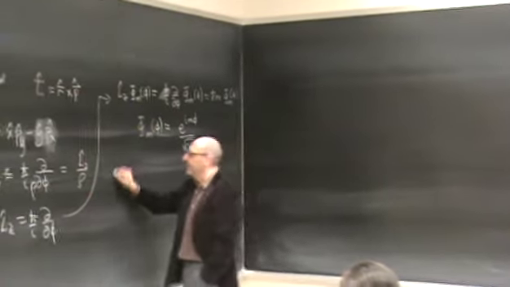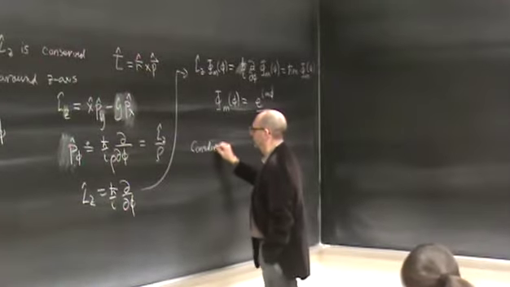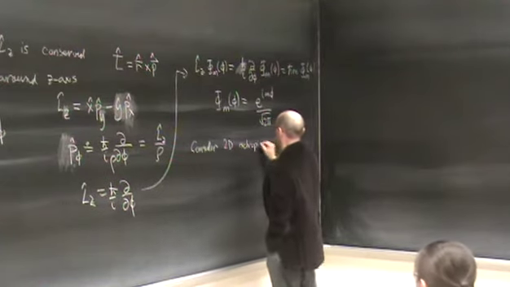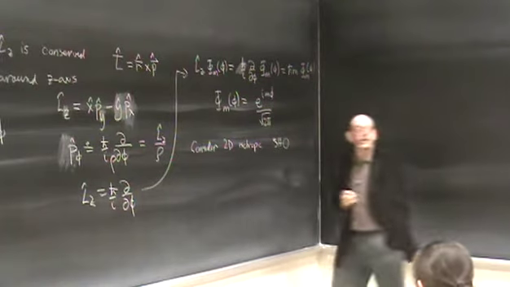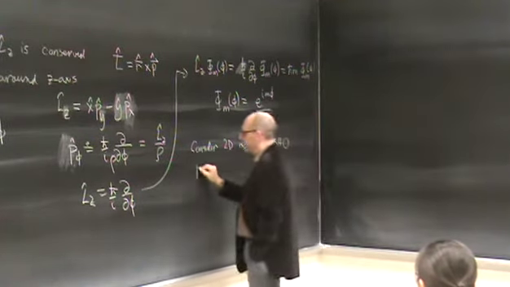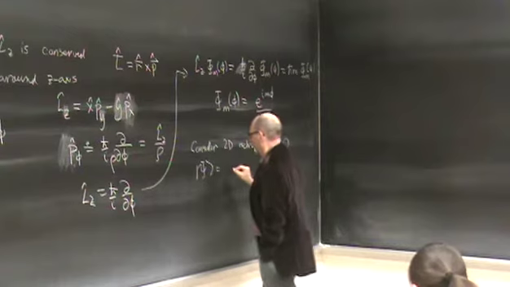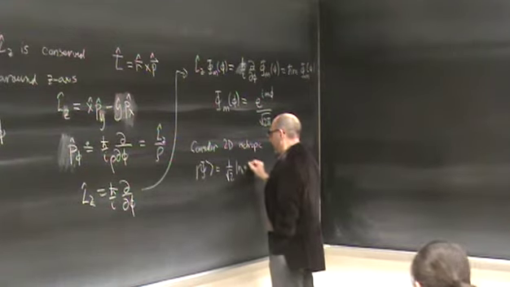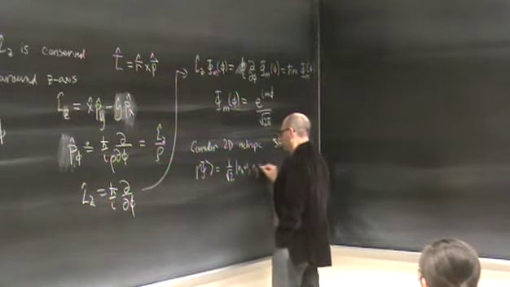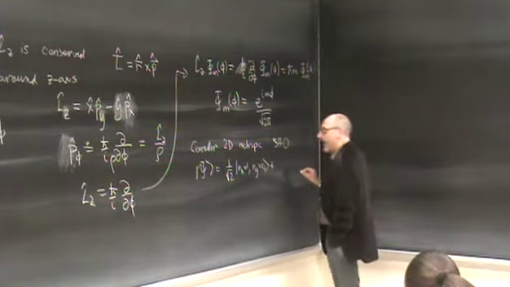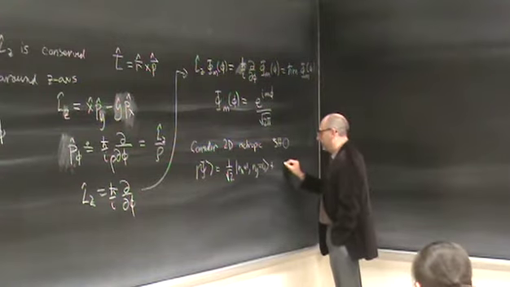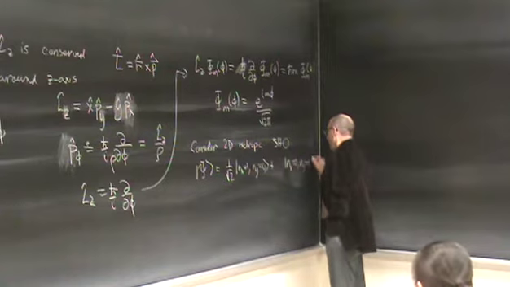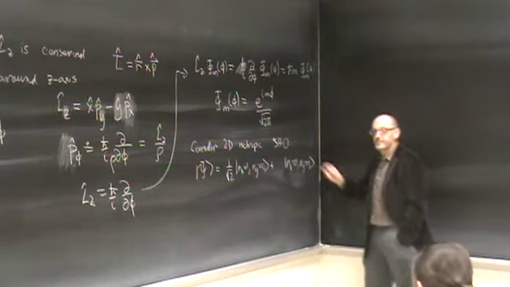So let's consider a state which has half of its probability where nx is 1 and ny is 0. And it's got half of its probability amplitude where it has one excitation along y and no excitation along x.